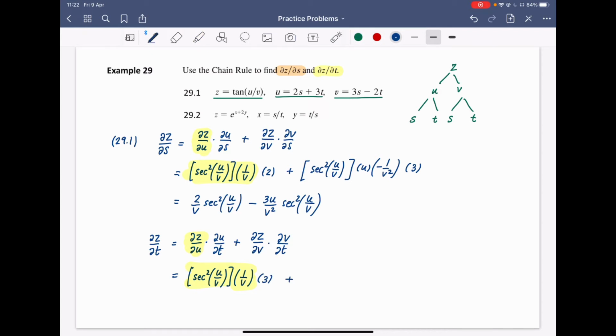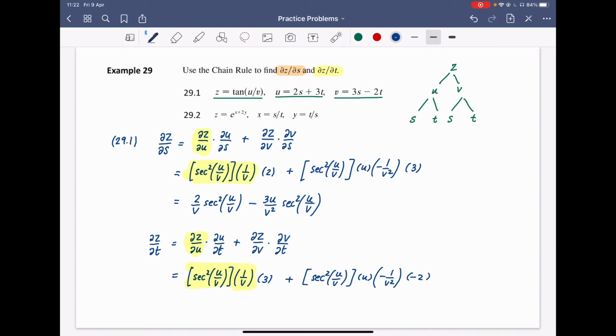And then the same thing as before, we have sec²(U/V), and differentiate U/V with respect to V, so I can pull out U, and then differentiate 1/V, so I get negative 1/V². And then differentiate V with respect to T, this time I get negative 2.